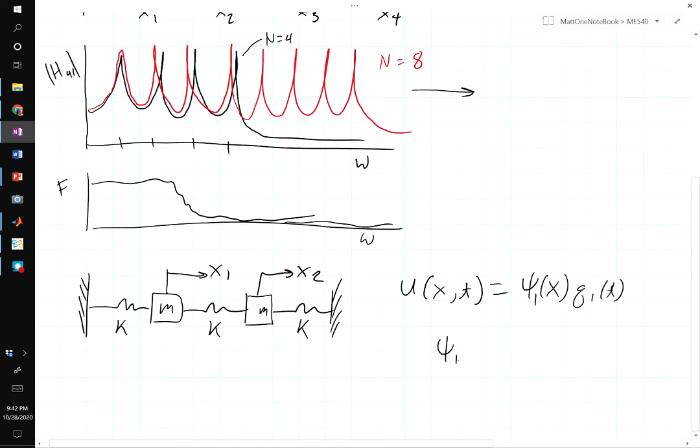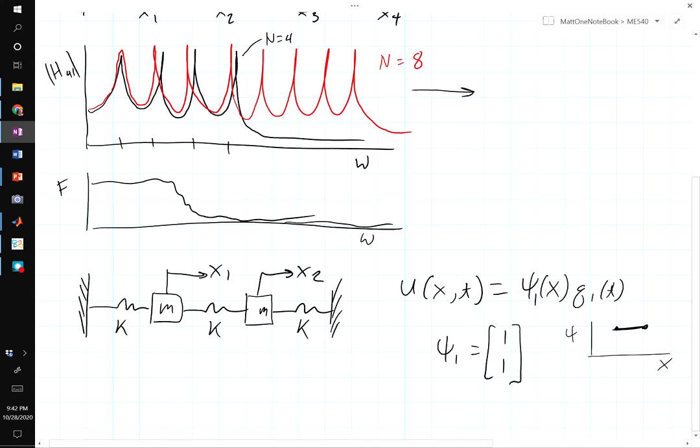And let's say, for example, that psi1 was a function where both masses displace the same amount. So, we think of it as a shape function. If we plotted psi versus x, well, in this case it's a discrete example, so we just have these 2 points, right? So it's kind of a trivial case.